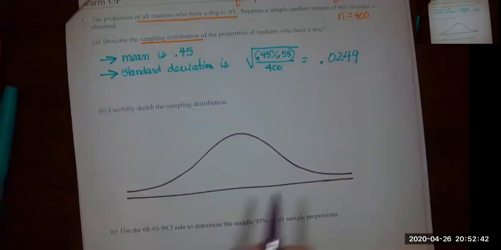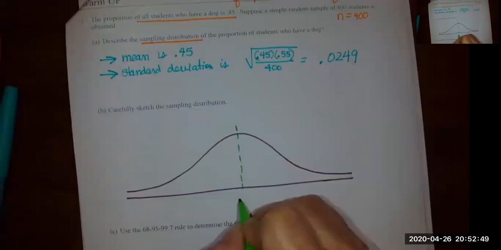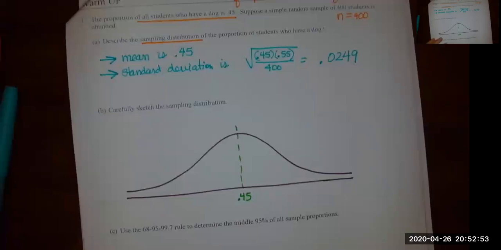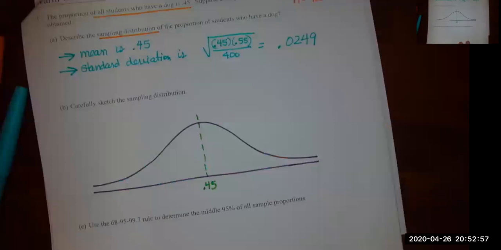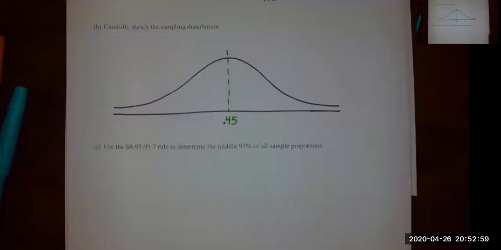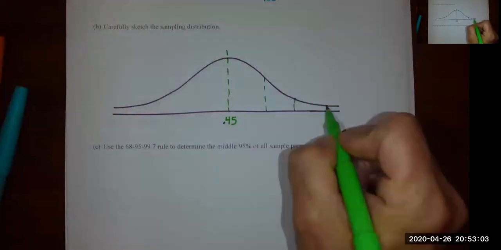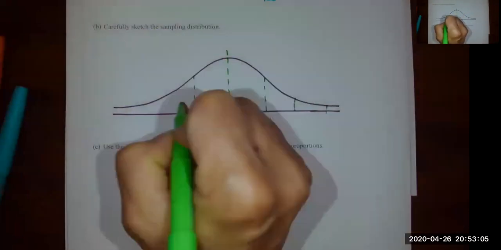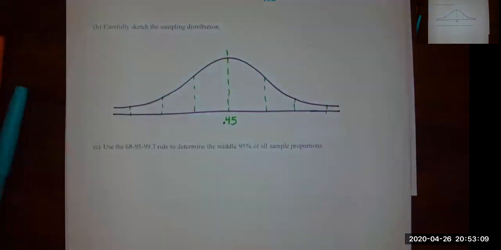Okay, so there we go, right? And there's 0.45. And where did that number come from? That number came from the truth right there. Now, somebody used samples to figure that out, but they're telling us that's the truth. So then remember, we always like to go up 3 standard deviations above the mean, 3 standard deviations below the mean. And how do we do that?